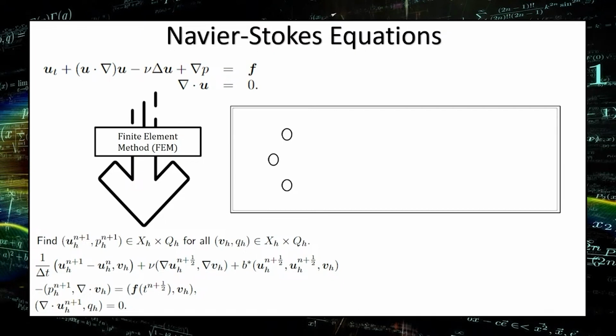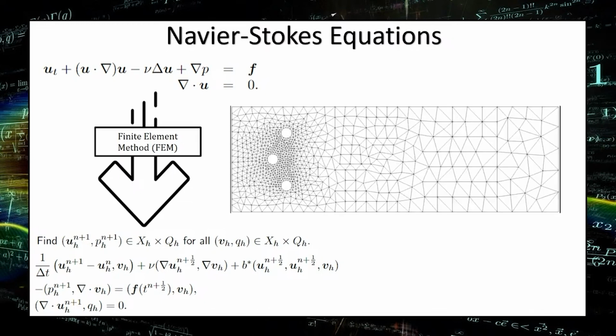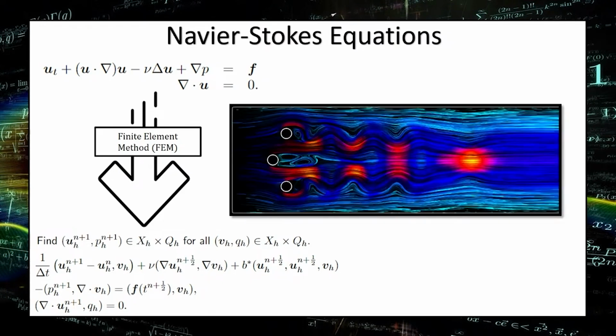And so if I was to solve this equation on this box here, if we can imagine water moving from left to right around the 3 circles, I would mesh the domain like this and run my program and get this solution, right? And so this is how the water would move around the 3 circles.